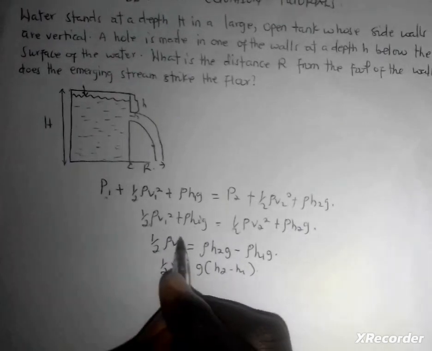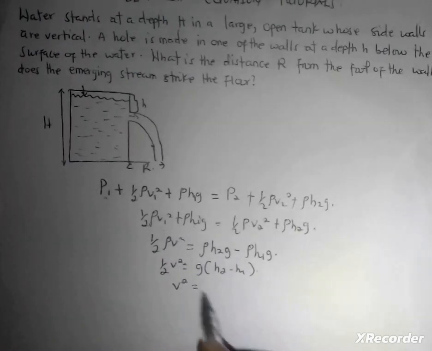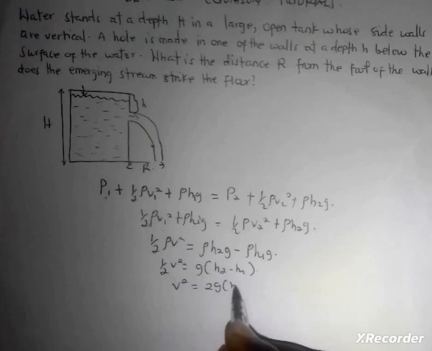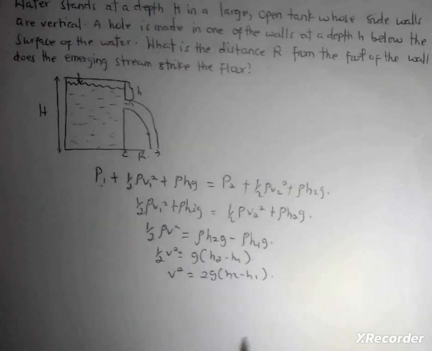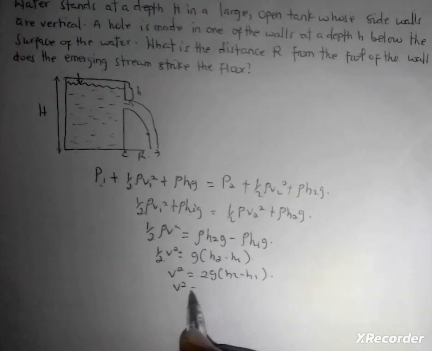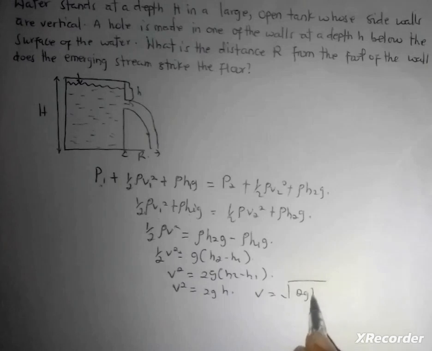So my V squared will be 2g (H2 minus H1). But let's assume the change in height is h. So V squared is equal to 2gh, and our V is simply the square root of 2gh. Now we have our velocity.